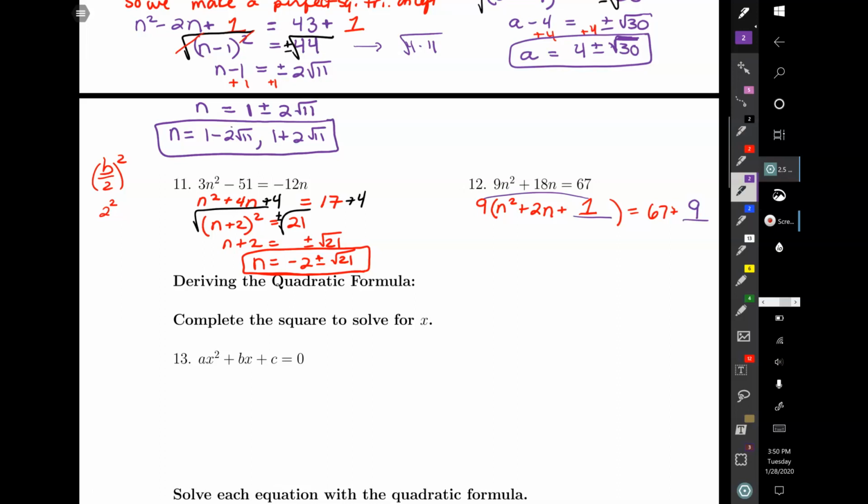So if we follow our process that we've used before, we would then need to complete this. We would get 76 here. And we're going to divide both sides by 9 to isolate our perfect square trinomial.